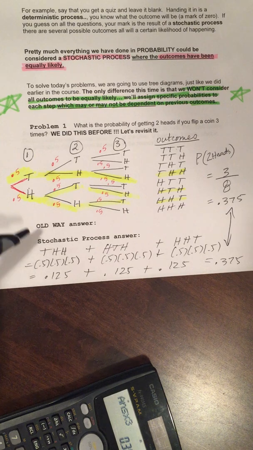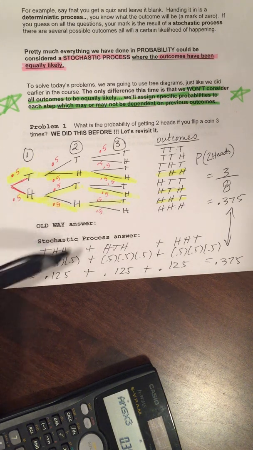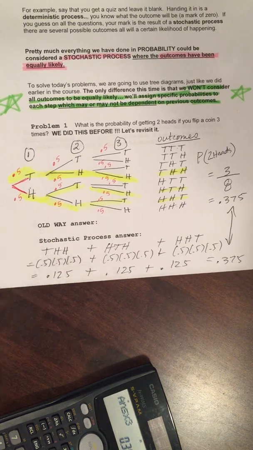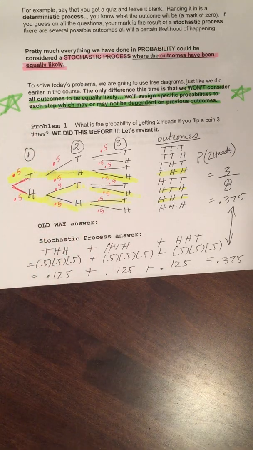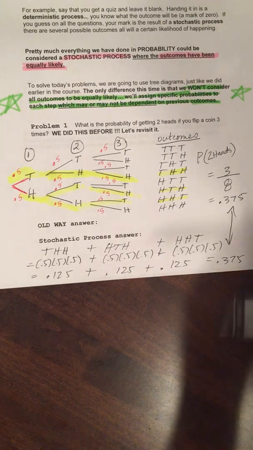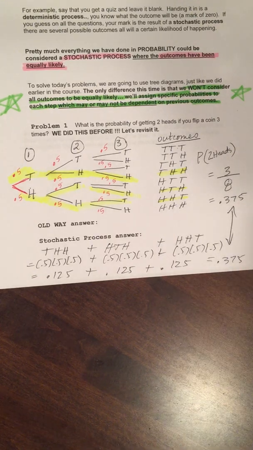But let me show you when your hand is forced to go the stochastic way. Okay, I just wanted to prove to you that stochastic will give you an appropriate answer with a question that we're familiar with. All right, let's flip when you're ready.